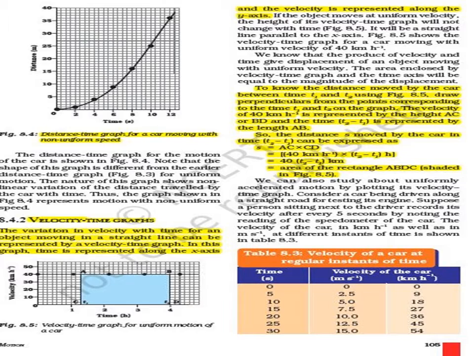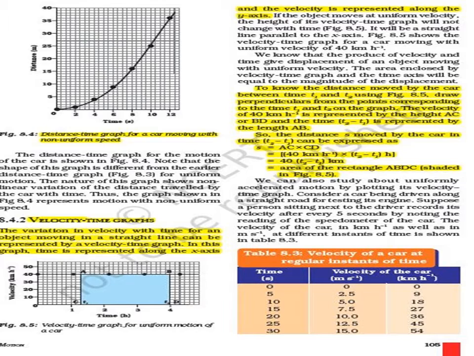So the distance s moved by the car in time t2 minus t1 can be expressed as s is equal to AC into CD. Here the distance s is AC, the edge of this side of the rectangle, multiplied by the other side of the rectangle, which is basically the area of this rectangle.